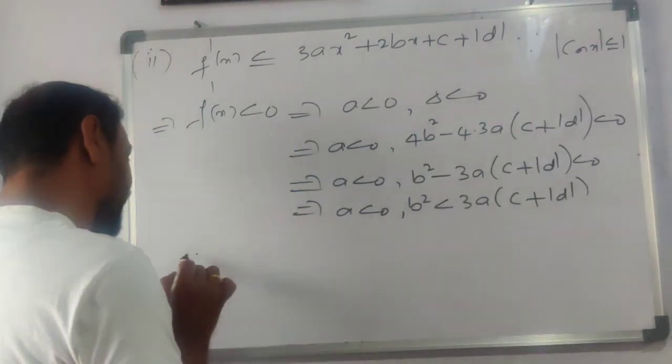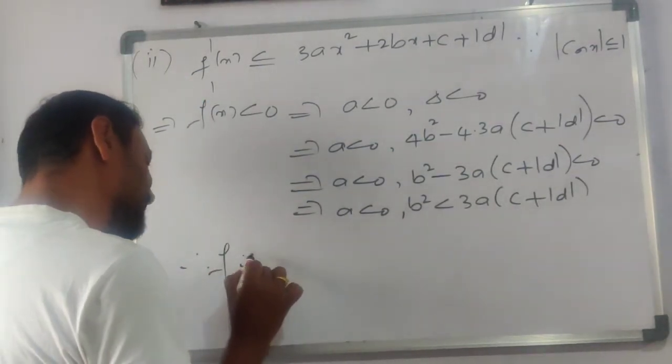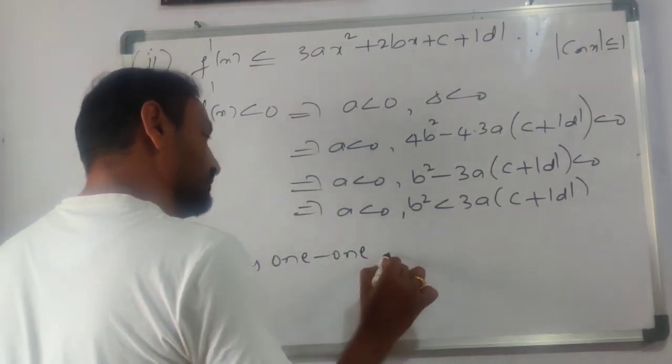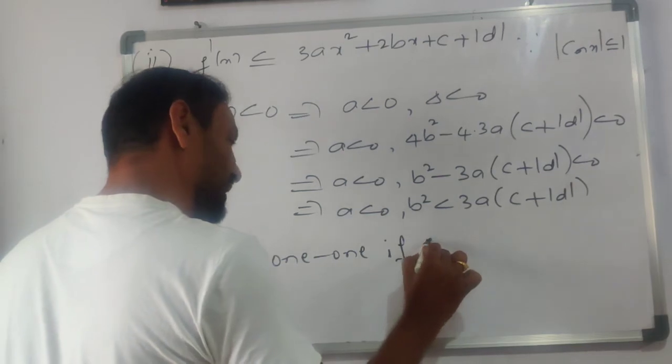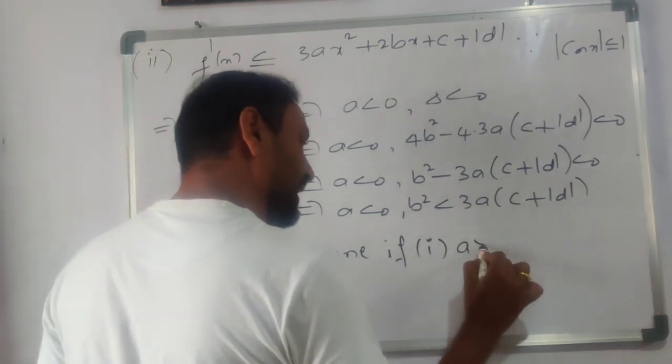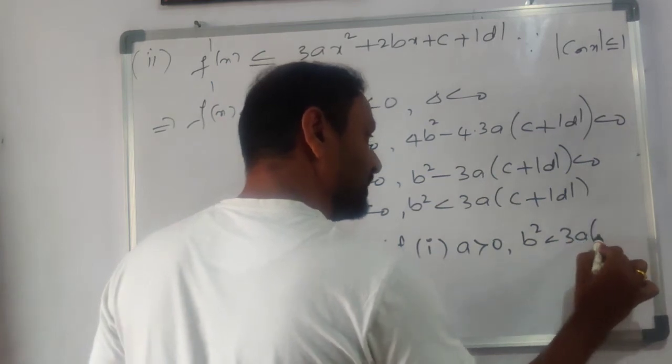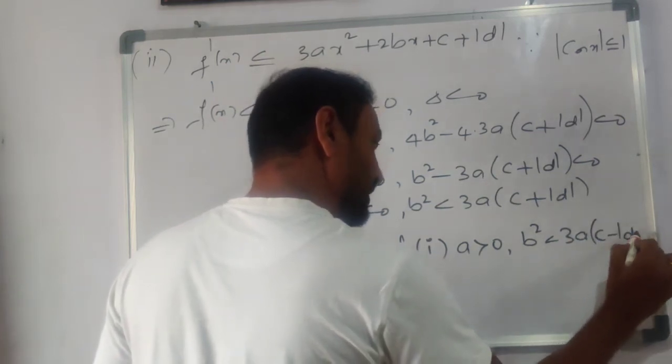So f is 1-1 if, number 1, a is greater than 0 and b square is less than 3a into c minus mod d.